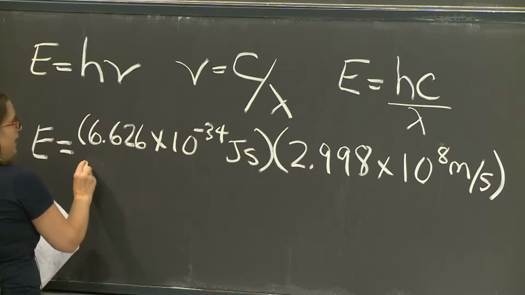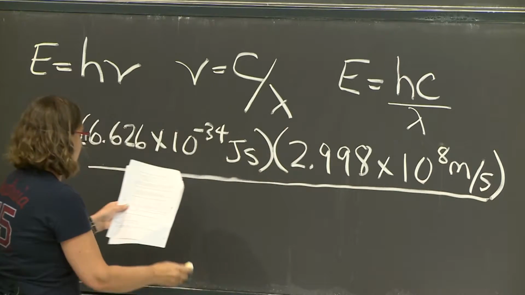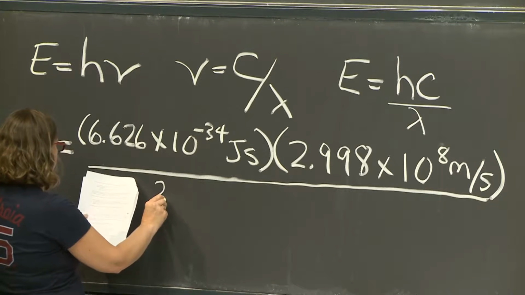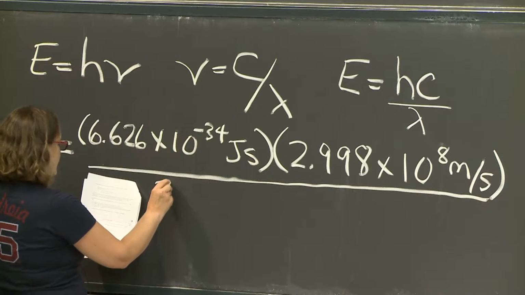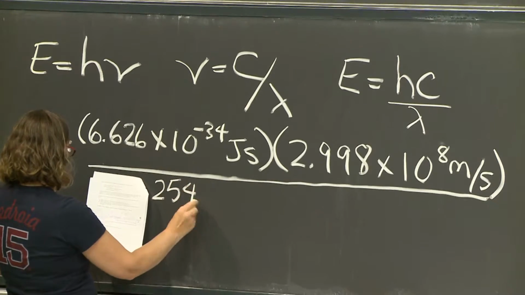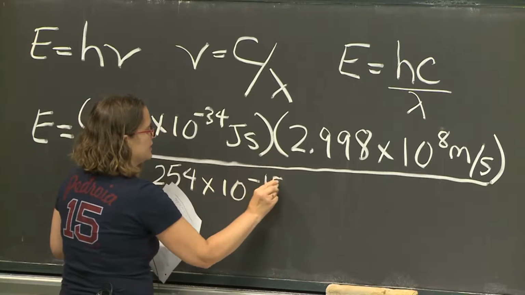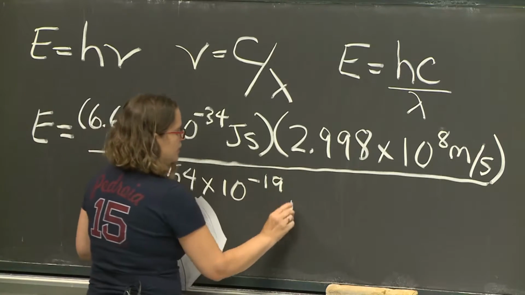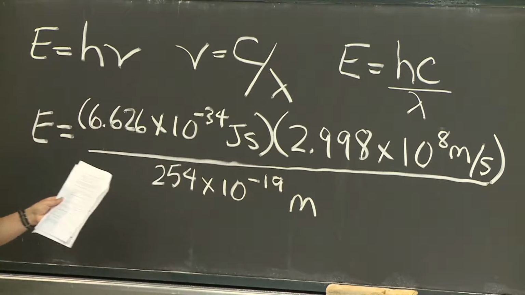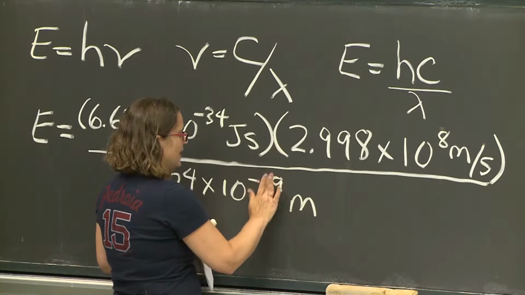And we want to divide this then by the wavelength. So the wavelength we're using first is 254 times 10 to the minus 9 meters, thank you.